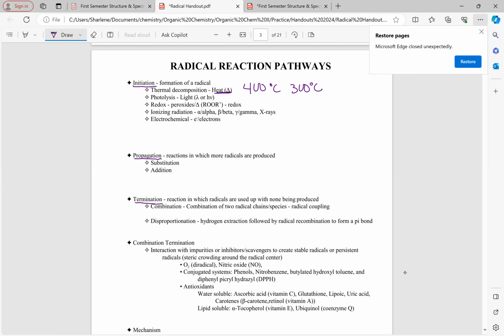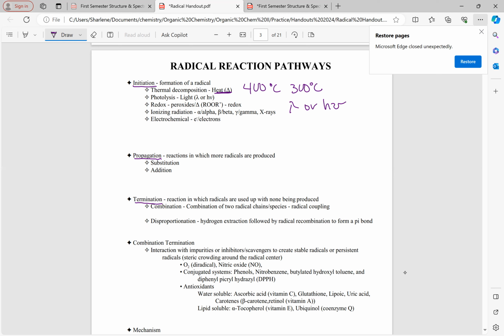That's called thermal decomposition because it's using heat. Photolysis basically just means light. You could put a wavelength, or I tend to just put h nu, which stands for energy of light, or you could just write the word light. That will break the bonds just as easily, especially in the upper atmosphere.